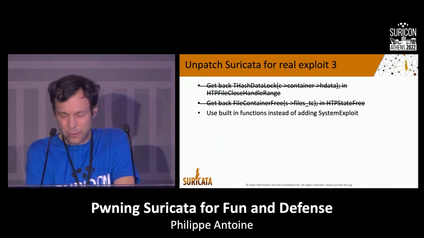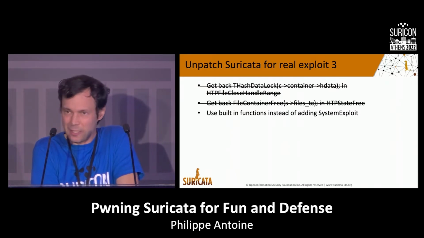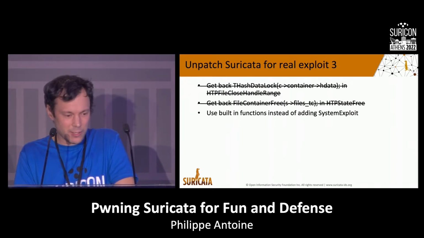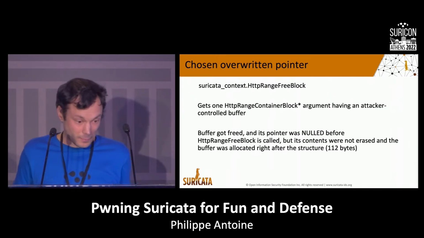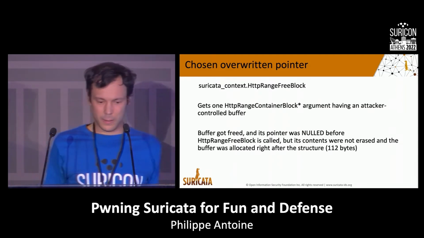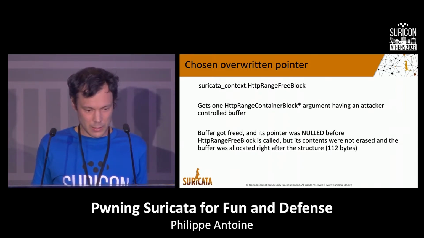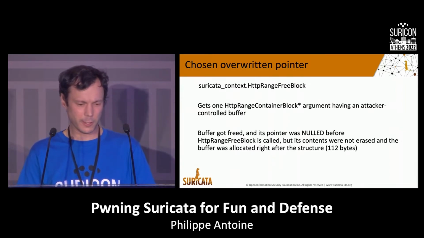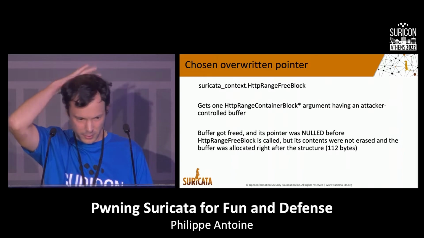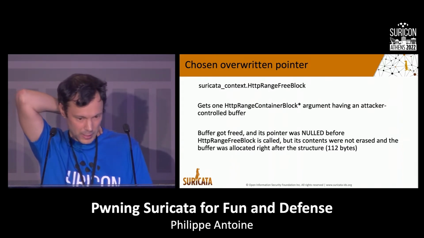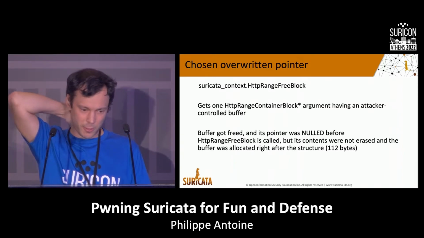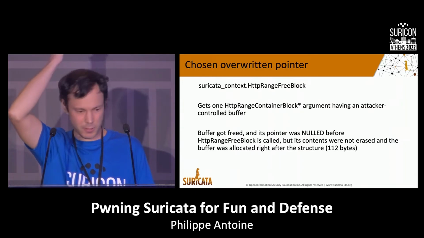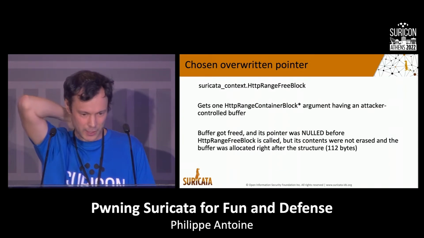And next was not to use my added function system exploit, but relying on what is already in Suricata. So we are overwriting the pointer SuricataContext.http range free block, which gets one HTTP range container block argument, which can be an attacker controlled buffer.